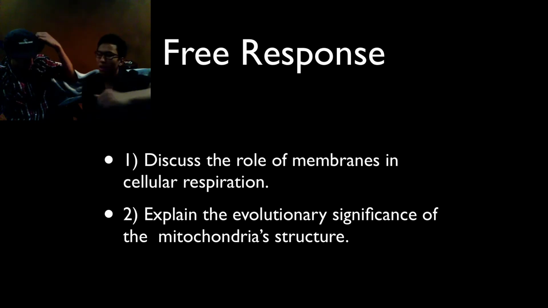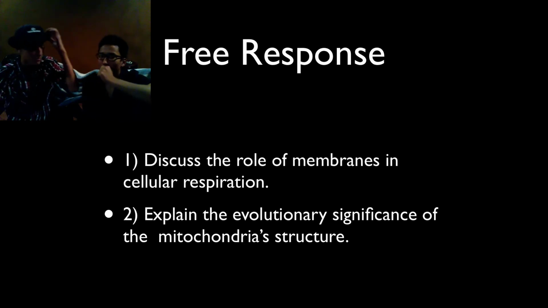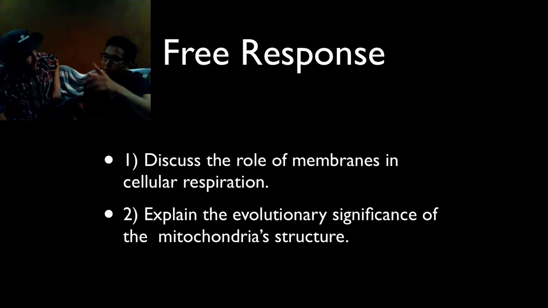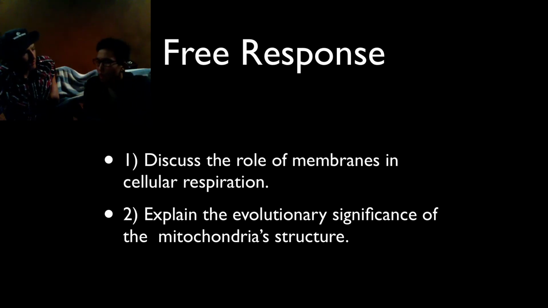You could talk about the structure, the matrix. The matrix has a lot of folds, a lot of surface area. Surface area to volume ratio increases the production rate, so many more ATP. This is significant in creating energy for you driving trucks and so on.